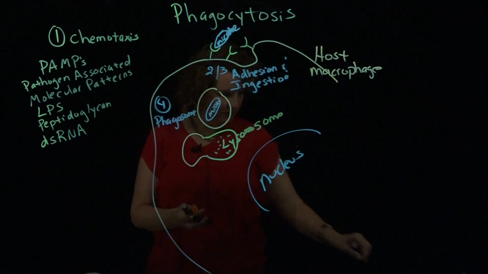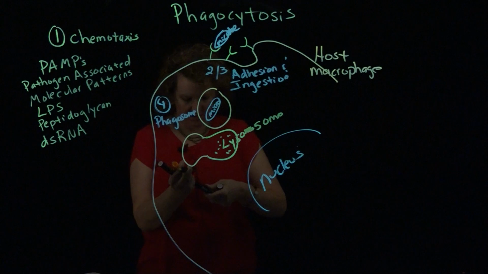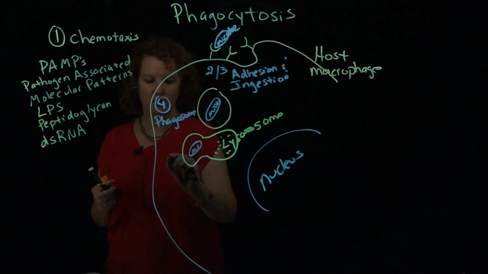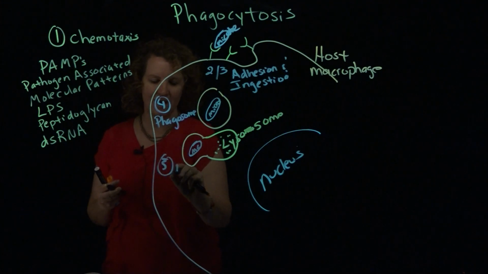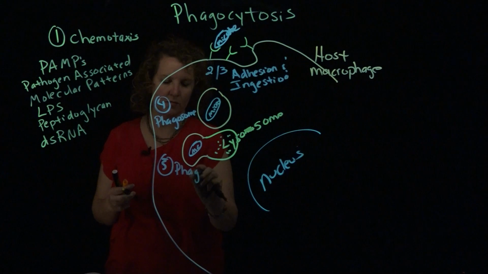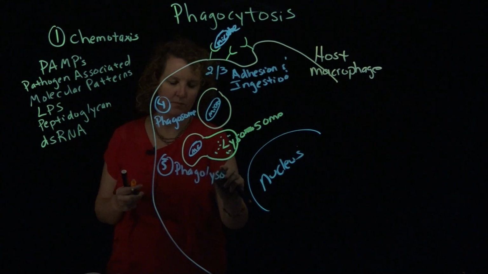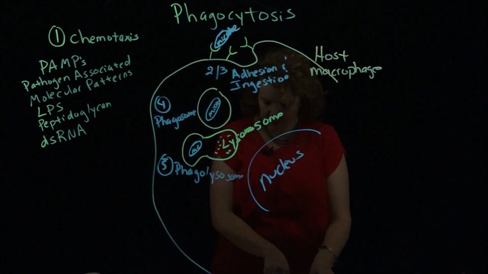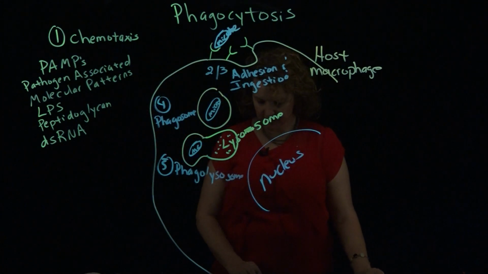And so as that fuses with it, this is now called, there's our microbe again, a phagolysosome. Okay, and so then the idea is that there is destruction in there.